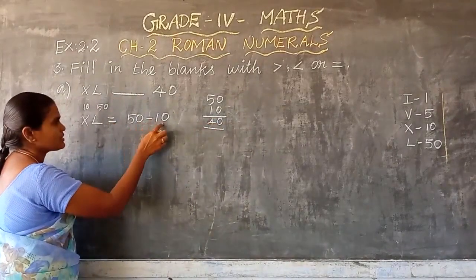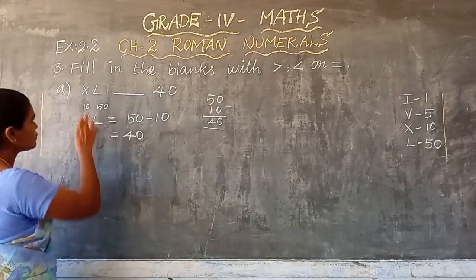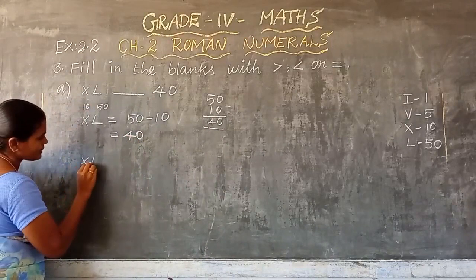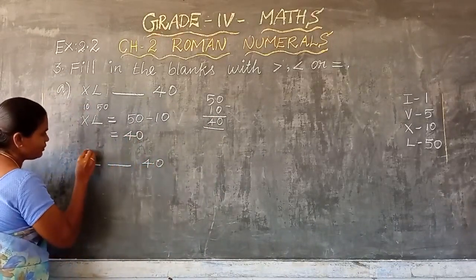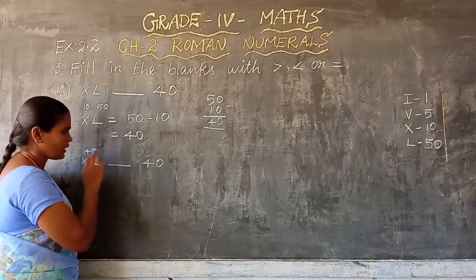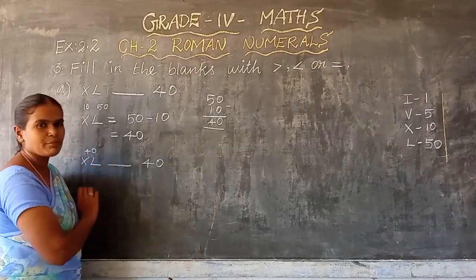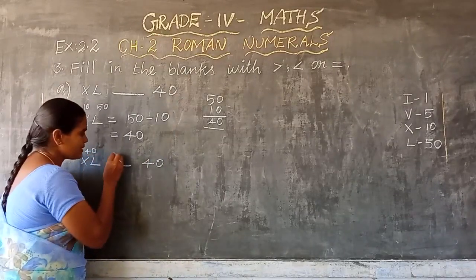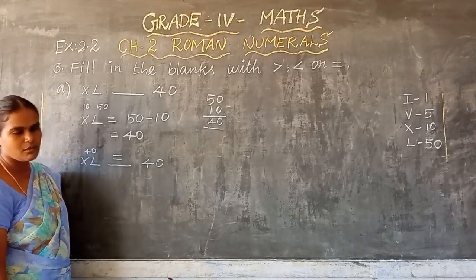So 50 minus 10 we get answer 40. So write here XL equals 40. So XL value 40. Now you compare. Here 40, here also 40. Both numbers are the same. Same number means equal.